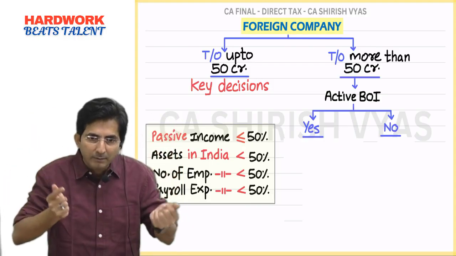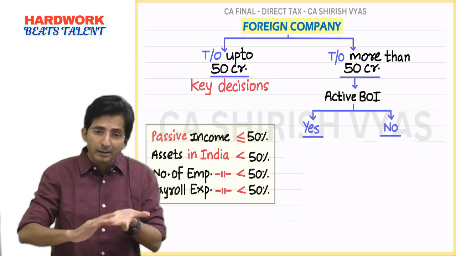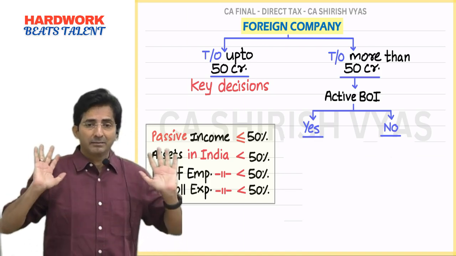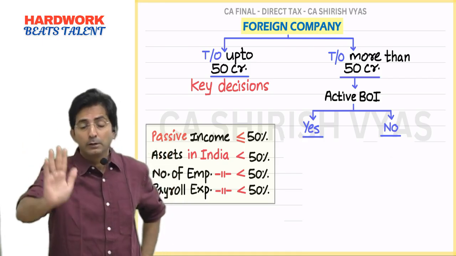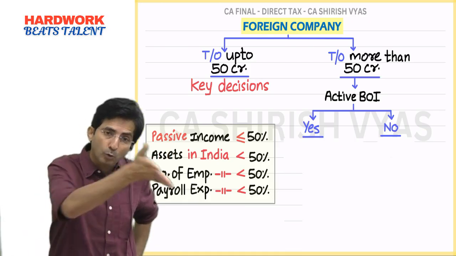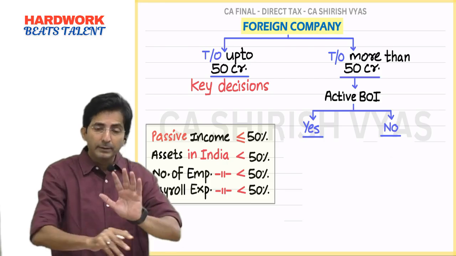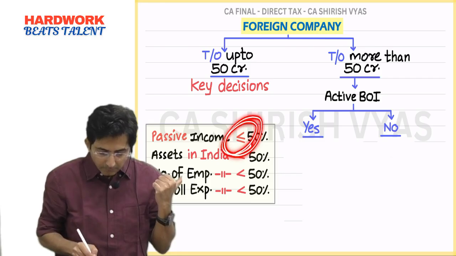Interest income, dividend income, rentals, royalty are passive income, where you don't have to work daily. When you are doing a job, you have to go to the office daily. When you are doing business, you have to go to your own office daily. So those are active incomes. So your active income should be more. What should be less? Passive income.